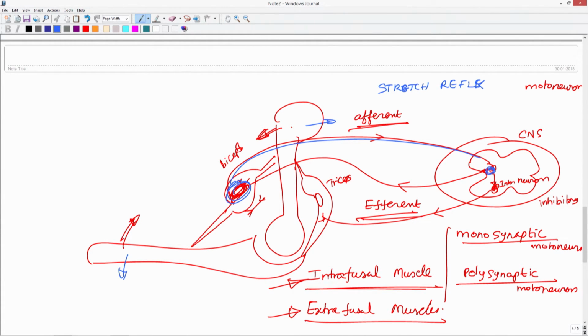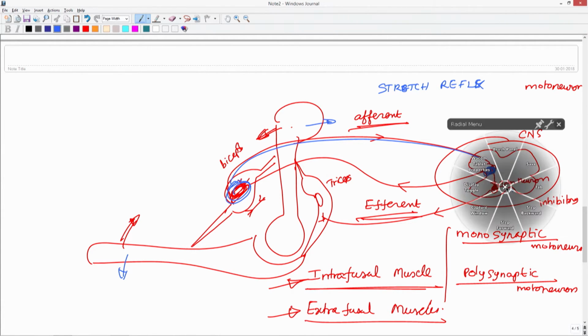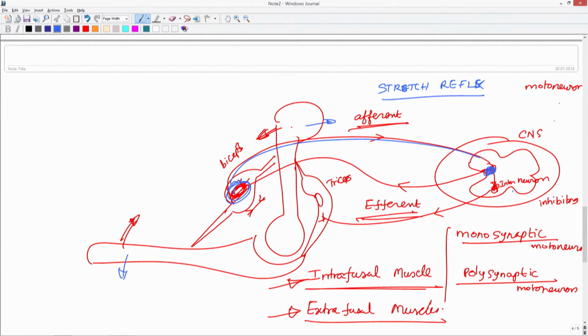When it is increasing in length, again this motor neuron is going to fire and then it is going to ask the muscle to contract, right. So, you will never be able to stretch if this is the case. If the stretch reflex is present all the time, you will never be able to voluntarily move anything.